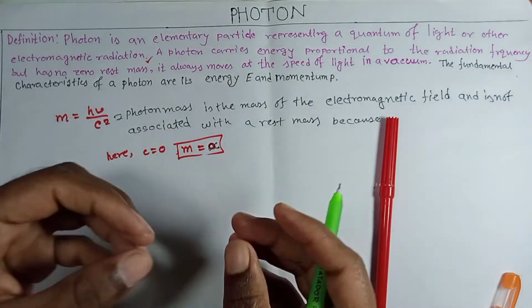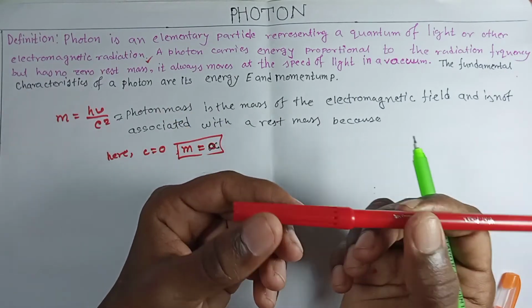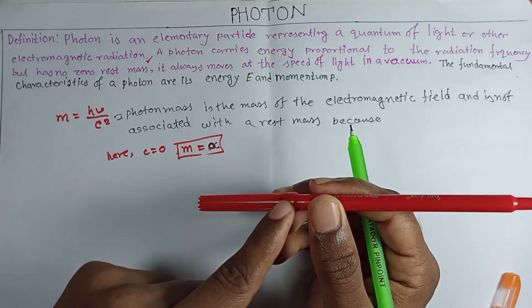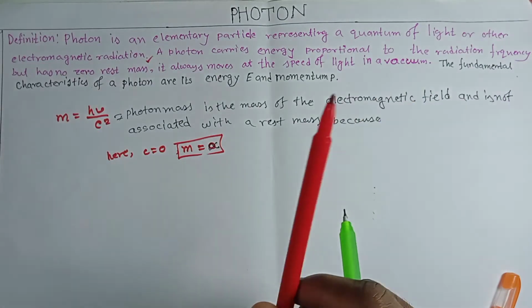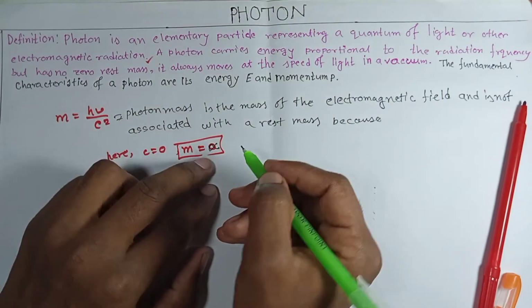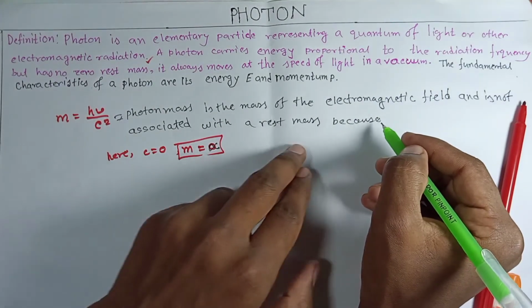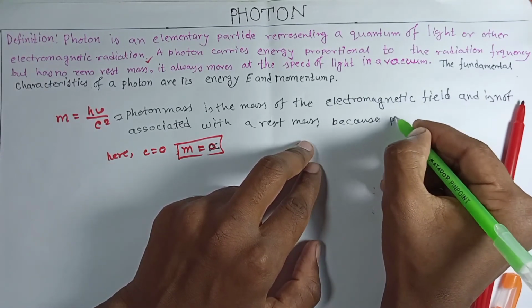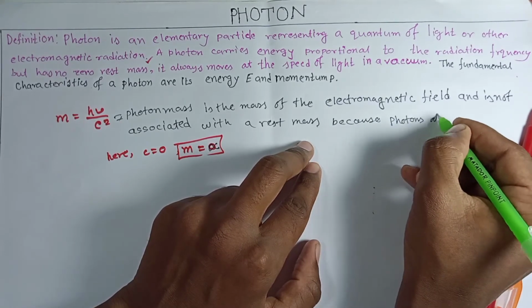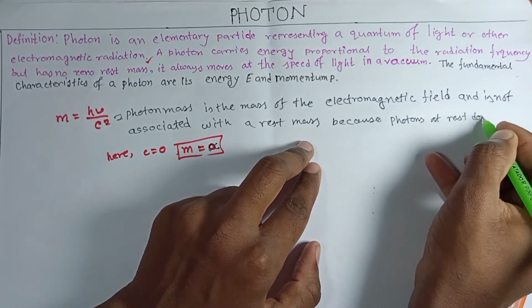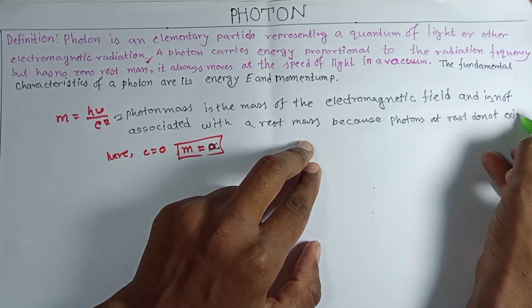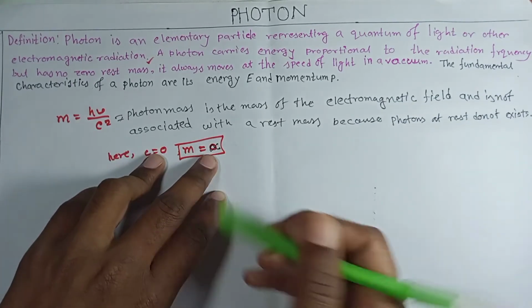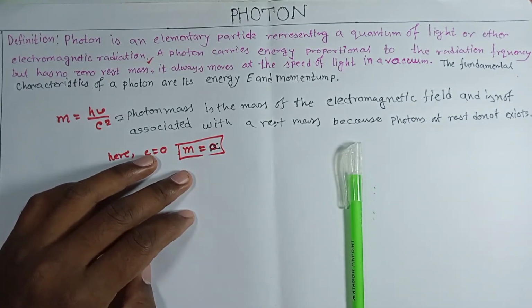We cannot say that when the velocity c equals 0, that particle has infinite mass. That would be an infinite rest mass, because photons at rest do not exist. Here we see that when c equals 0, m tends to infinity, and when m tends to infinity, we cannot find them.